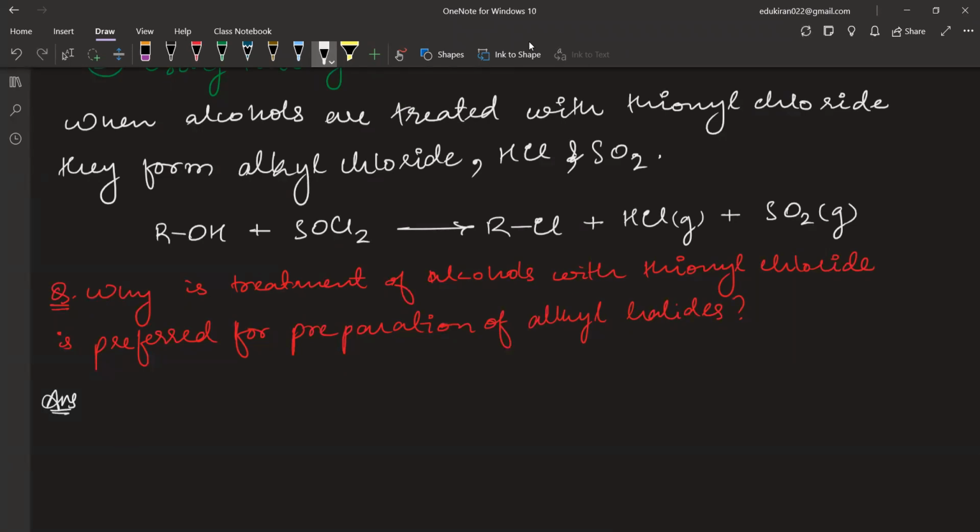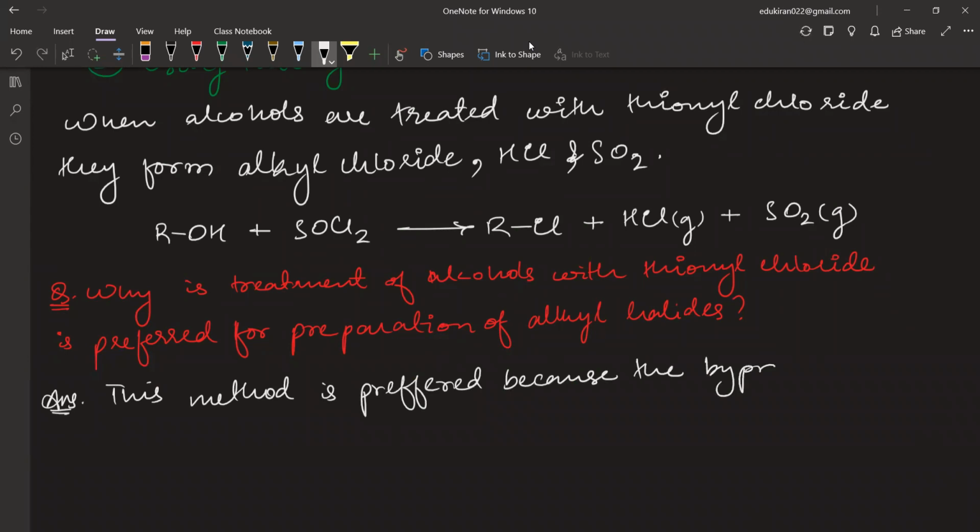Answer. What will you answer here? You will say that this method is preferred because the byproducts HCl and SO2 are escapable gases.